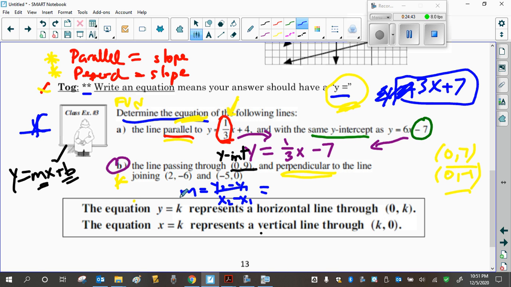Find the slope of the line segment, or the line passing through those 2 points, 2, -6 and -5, 0. And once we have the slope, we already have the y-intercept, we can create an equation. So go ahead and do that. Calculate the slope of the line segment passing through those 2 points.